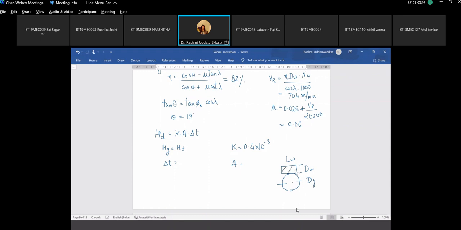So this complete area is responsible for heat dissipation, and it is LW into DW plus pi by 4 dg square. So that completes the problem.